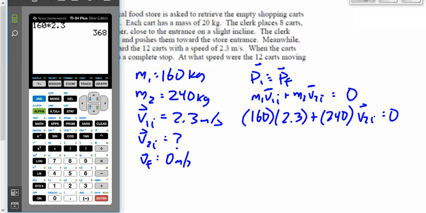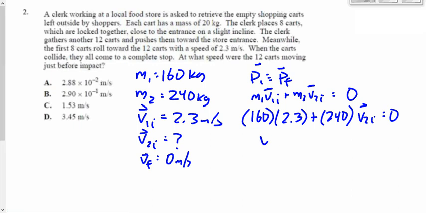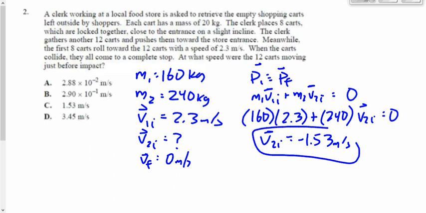Let's take that over to the other side by subtracting. Negative 368 divided by 240 gives me a value of negative 1.53. Now we're not actually looking for the velocity, we're looking for the speed, so the answer is just 1.53, the magnitude of the velocity, right?